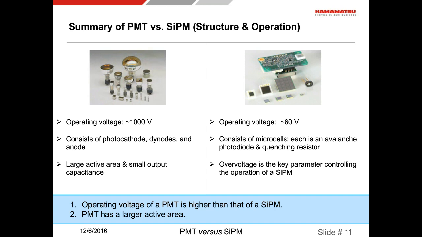So one can have several inches of photocathode and still very, very tiny capacitance. This is a very important property of a photodetector when it comes to high-speed detection. This is not so in case of the SiPM. As one increases the active area, one will have to increase the capacitance, since Cj is proportional to the cross-sectional area of a PN junction.